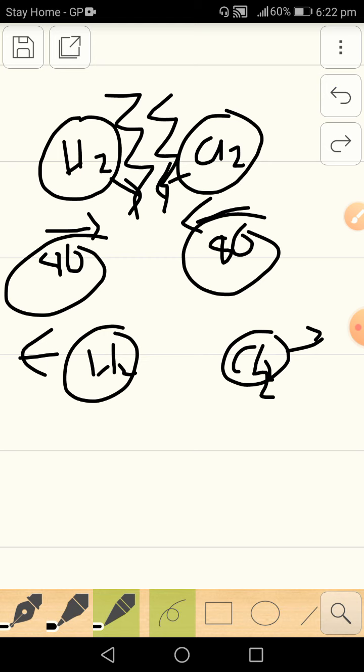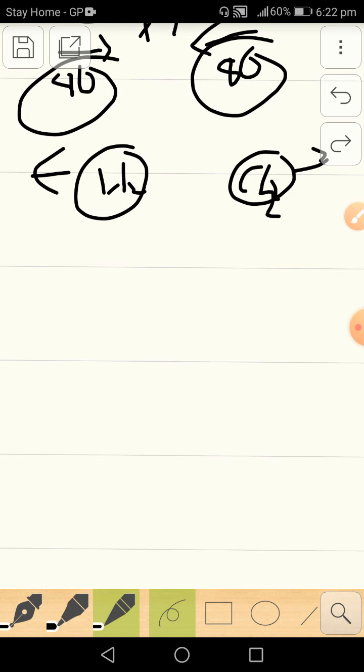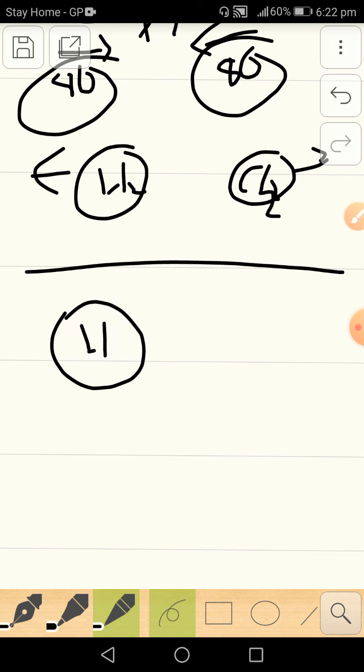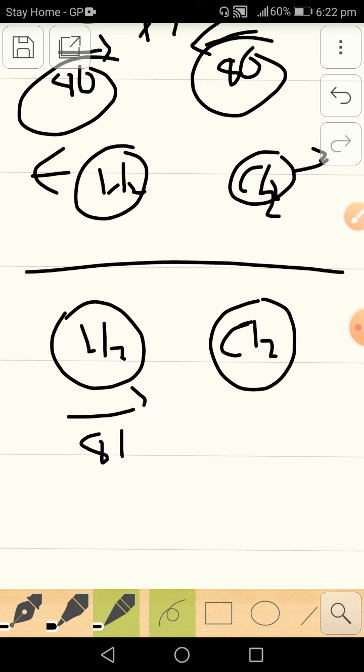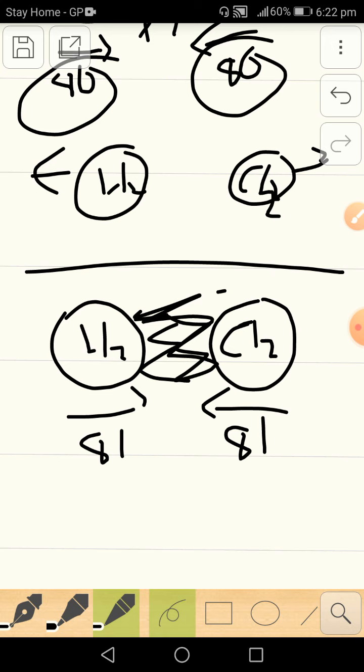Okay, now imagine these particles now collide with energy 81 kilojoules. Okay, so hydrogen has 81 kilojoules, chlorine has 81 kilojoules. Now they collide with each other, and what happens is that you get individual hydrogen atoms and individual chlorine atoms.